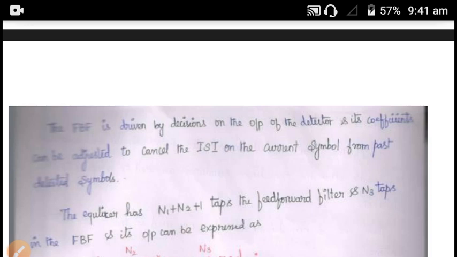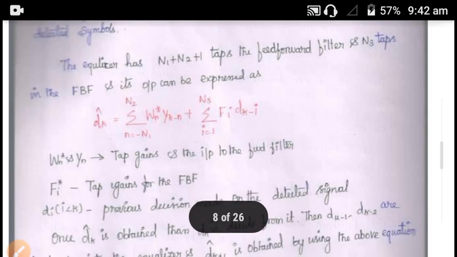Here the equalizer has N1 plus N2 plus 1 taps in the forward filter and N3 taps in the feedback filter, and its output can be expressed as dk cap is equal to sigma n is equal to minus N1 to N2 wn star yk minus n. While you are going through this, just draw the block diagram first in your notebook, then go through this. Then only will it be clear.